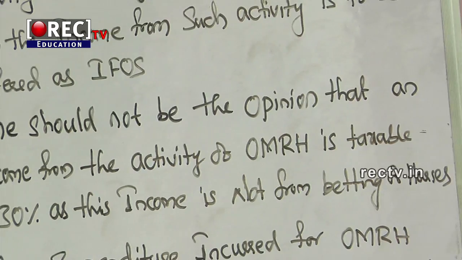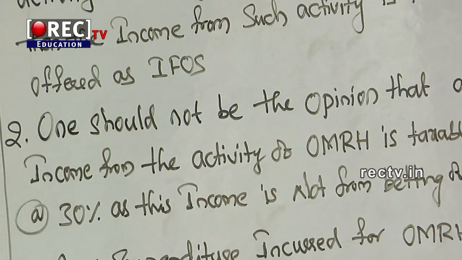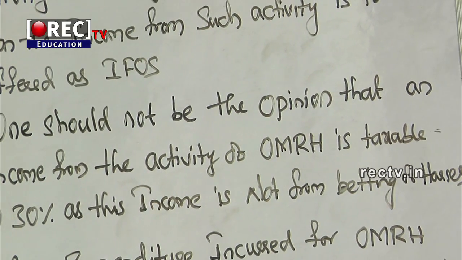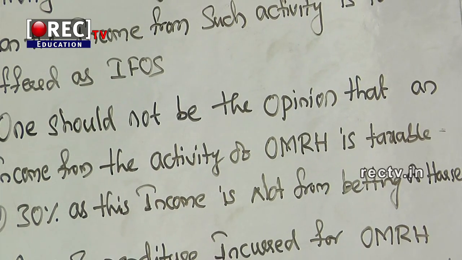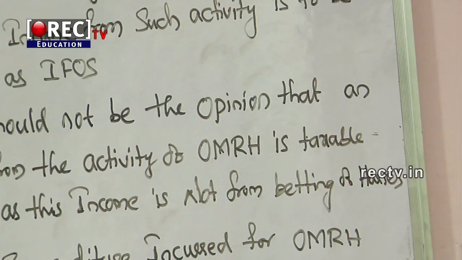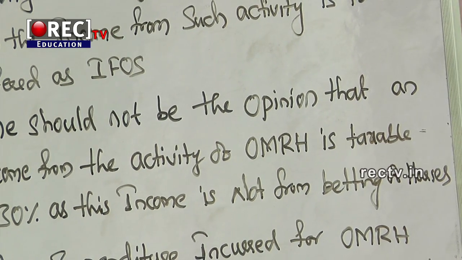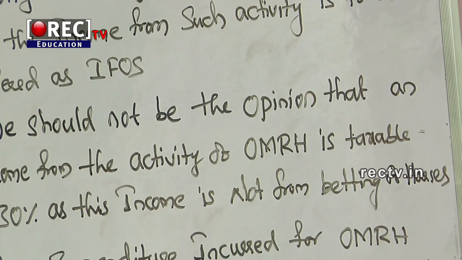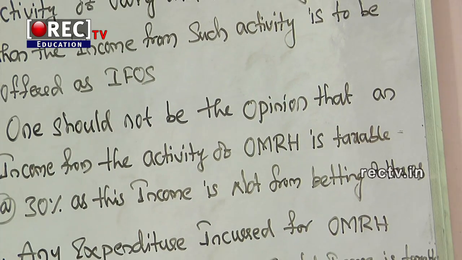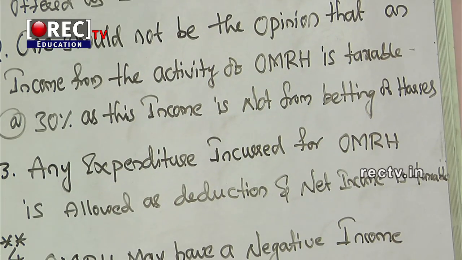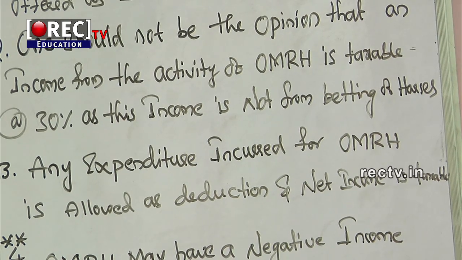One should not be of the opinion that income from the activity of OMRH is taxable at 30%, as this income is not betting on horses. So it is not at the flat rate of 30%; it has some other rate which we have to pay. Any expenditure incurred for OMRH is allowed as a deduction and the net income is taxable.